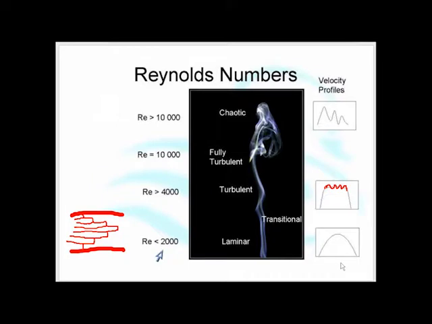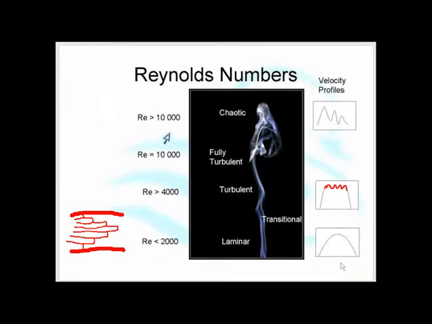So we have laminar, less than 2,000, that's layers. Turbulent, greater than 4,000, that's all mixed up. And transitional between. By the time we get to 10,000, we say that it's fully turbulent. It's well mixed up at that point.